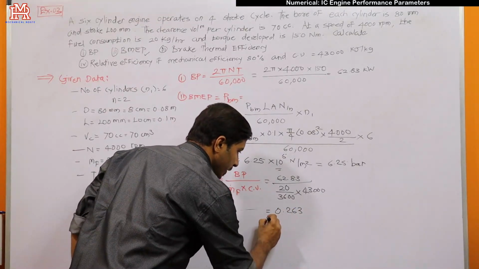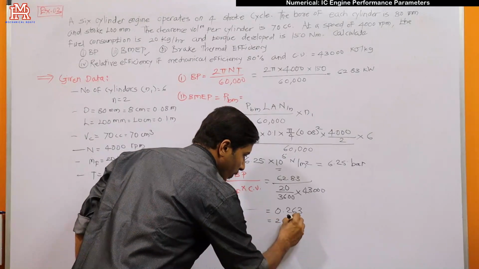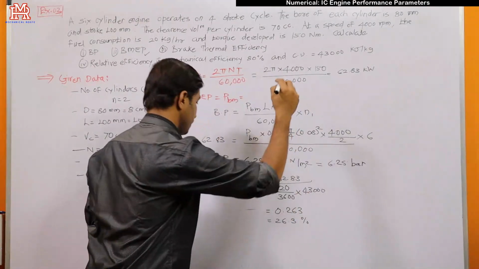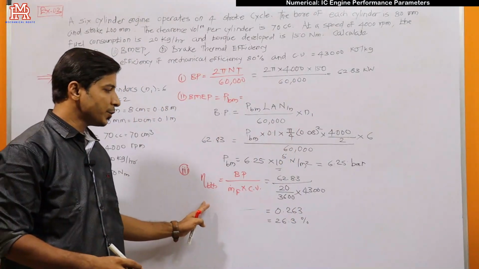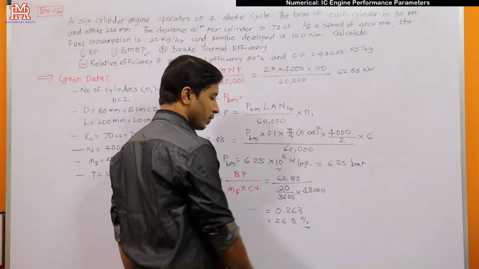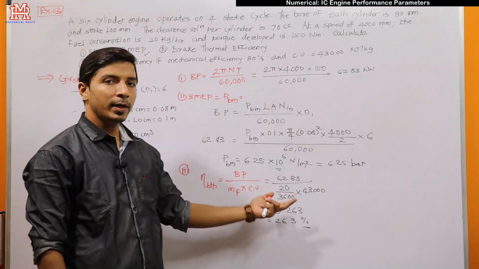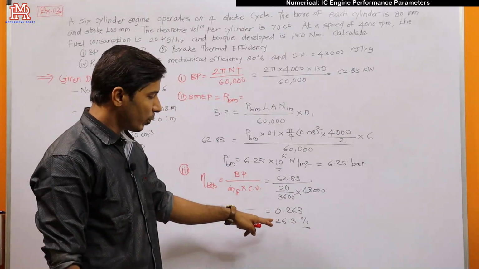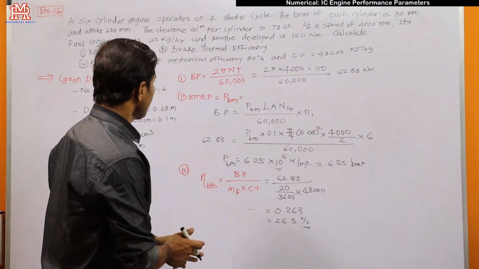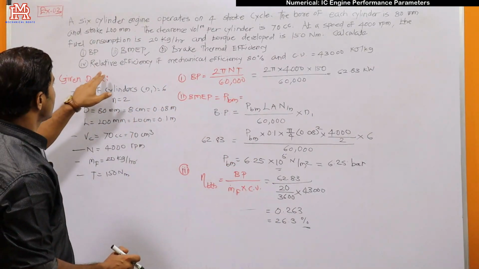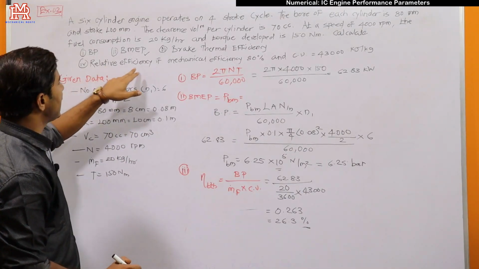In percentage, it is 26.3%. Efficiency is always written in percentage form, so you just multiply it by 100. So it is 26.3%. Now we'll move towards getting the relative efficiency.